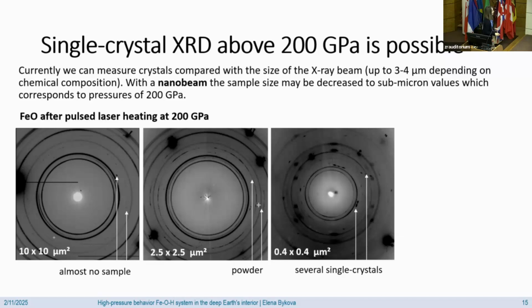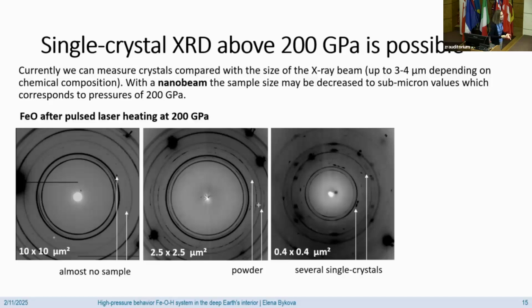Just as a possible demonstration, these are 3 diffraction patterns collected on the same sample with different sizes of the diffraction beam. It's an FeO compound at 200 GPa. This is the first pattern, collected with a 10 by 10 micron diffraction beam. These huge powder rings correspond to the metallic gasket.